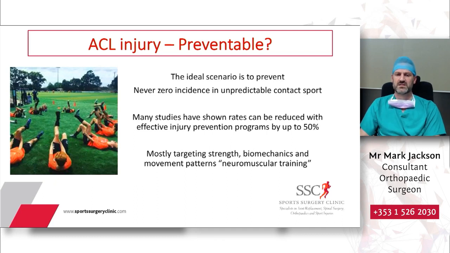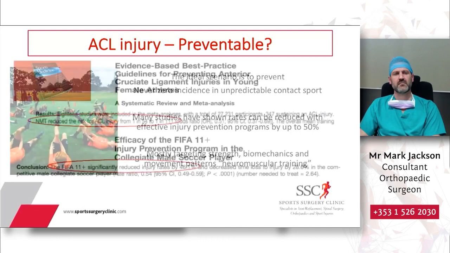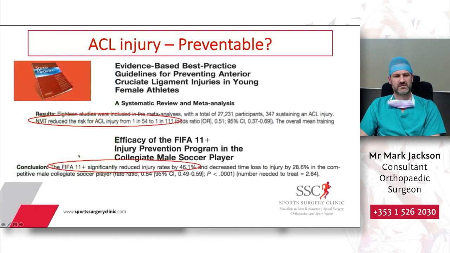And these are mostly going to target things that our strength and conditioning and physiotherapy team will talk about, improving strength, improving movement patterns in particular, essentially what's called neuromuscular training. Two big studies here demonstrating, as we talked about, this study looking at 18 different interventions showing a reduction from 1 in 54 to 1 in 111 with one of those programs in place.